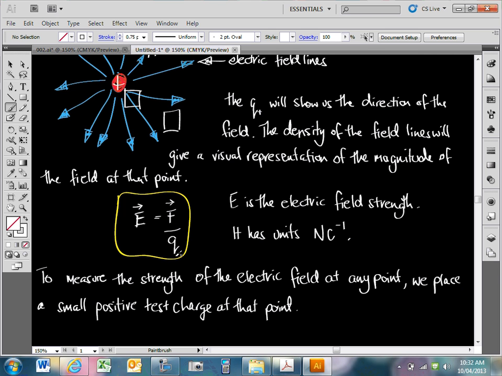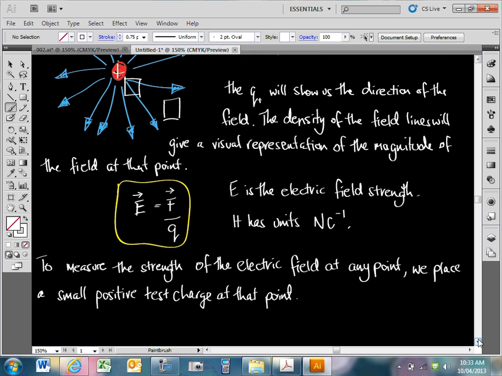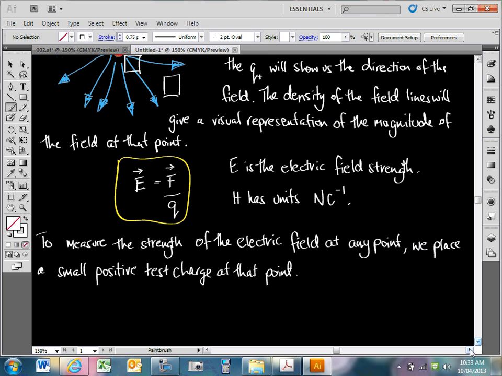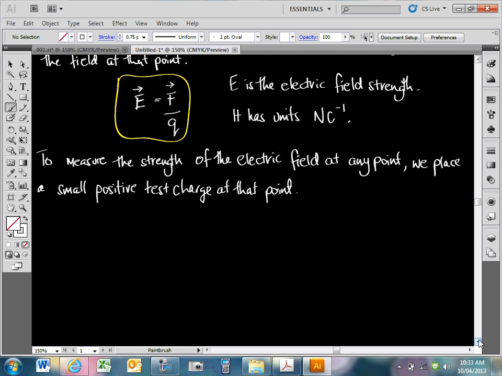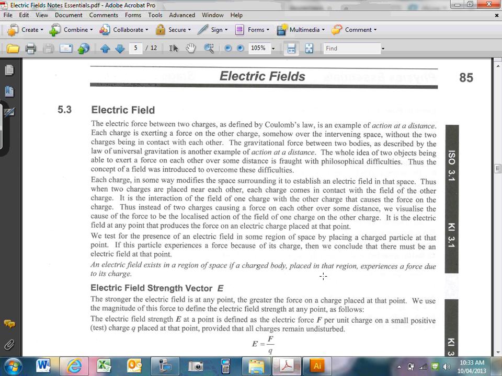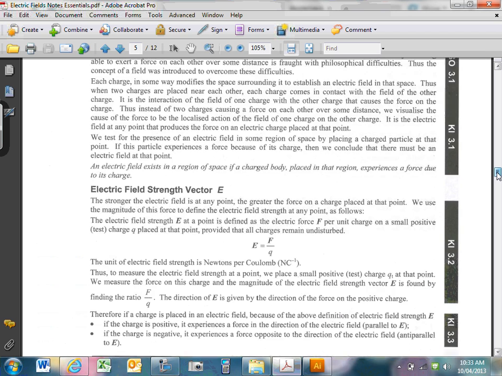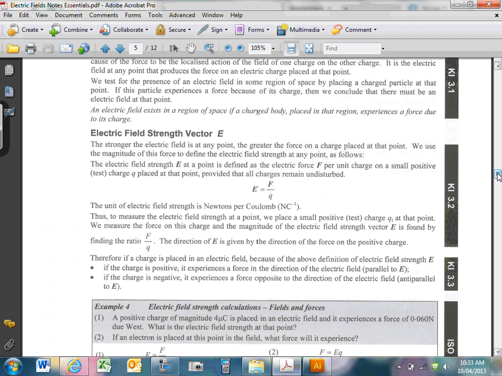Okay, so this here, of course, the Q is that little charge. It's the force per unit charge, that says. The electric field strength is the force per unit charge. I hope this isn't too easy a question for you. It probably is.